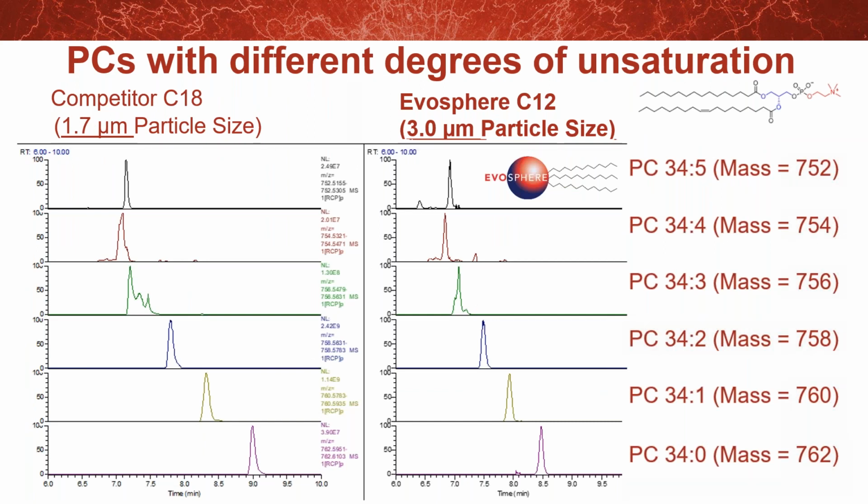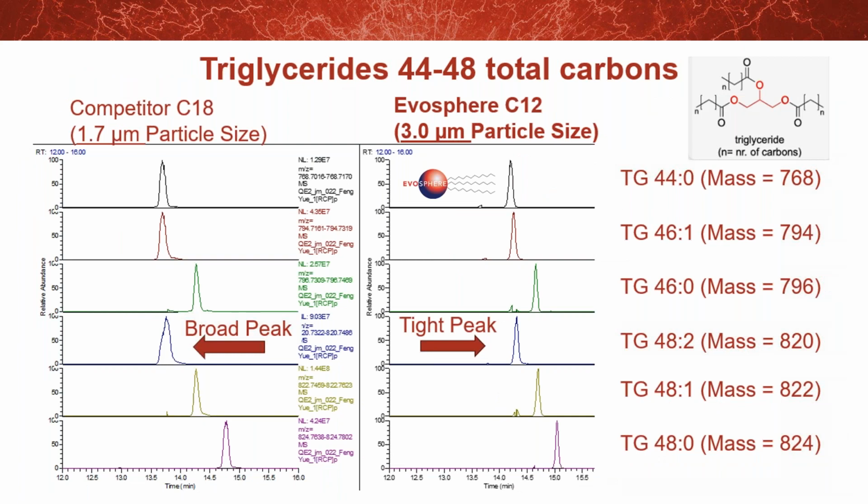You can see just really tight peaks, pulling out other peaks that are there, especially the 34.3. It didn't look so hot on the industry standard one, so you have a lot of coelution there. We're starting to get a little bit taller, sharper peaks there. And then we look at the triglycerides. This is 44 to 48 total carbons, tighter, taller peaks.